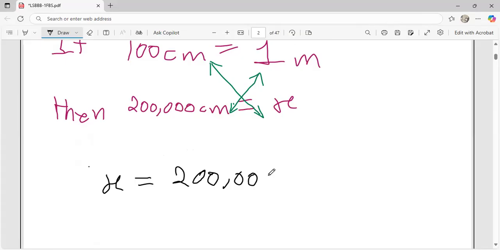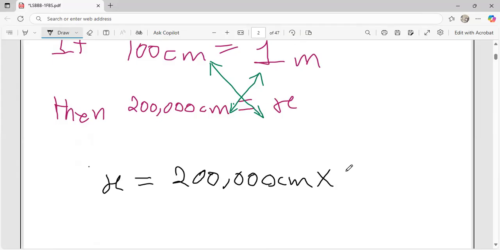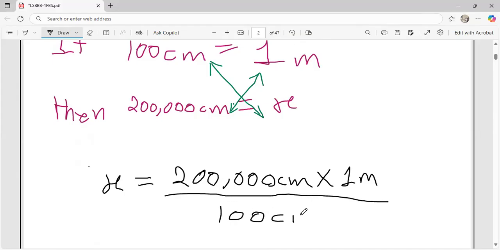200,000 centimeters times 1 meter all over 100 centimeters.